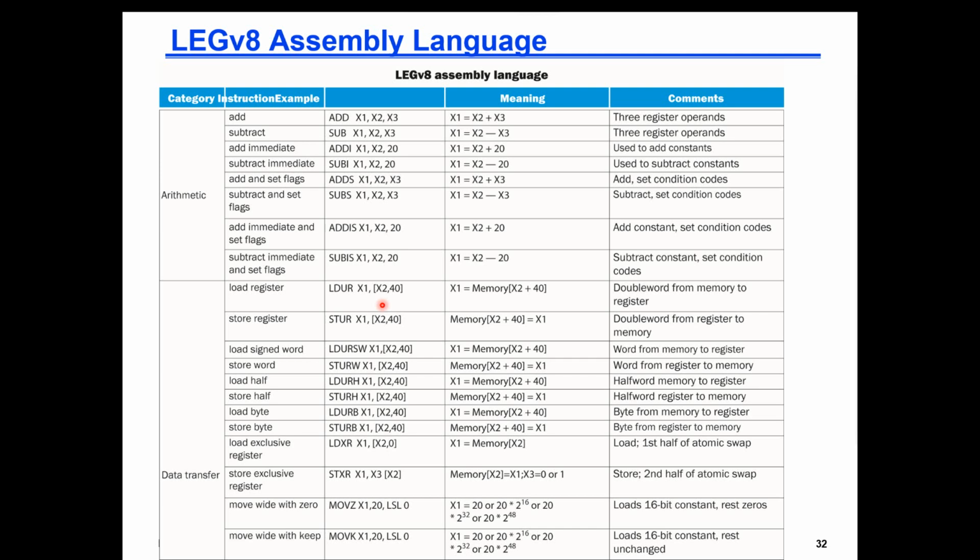There are different ways of doing that. You can get to it directly from a register. We saw that in some of these instructions. You can get to it from an immediate value. We saw that. We can get some type of relative addressing.